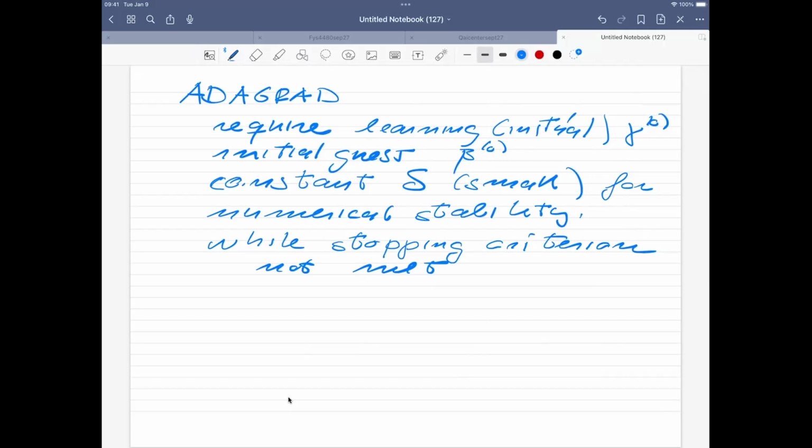Alternatively, you can look at the gradients, but that means you would have to reevaluate the gradients, which is more expensive computationally. So the cheap quantity to evaluate for every loop is the difference between the new values of beta and the previous ones, because evaluating the gradient at the new values is going to require more cycles.